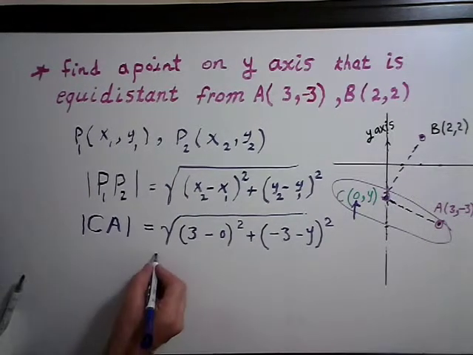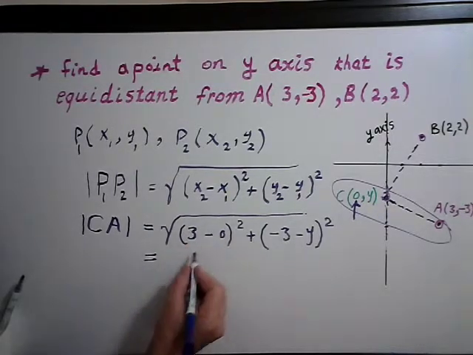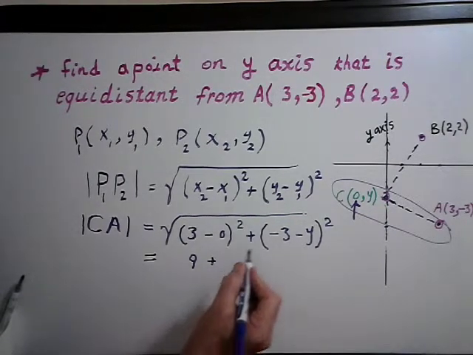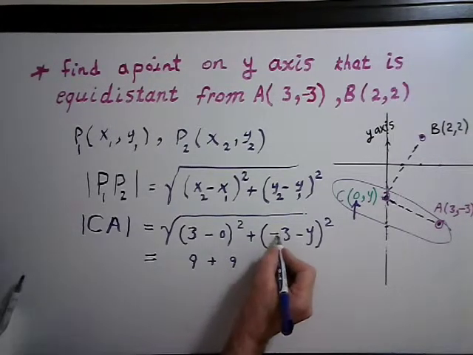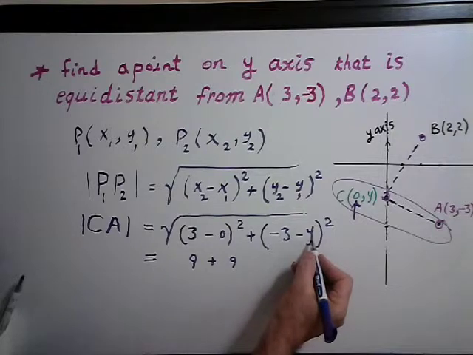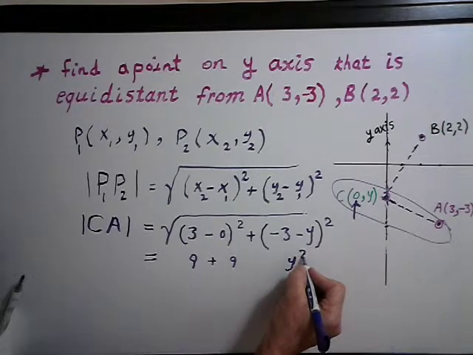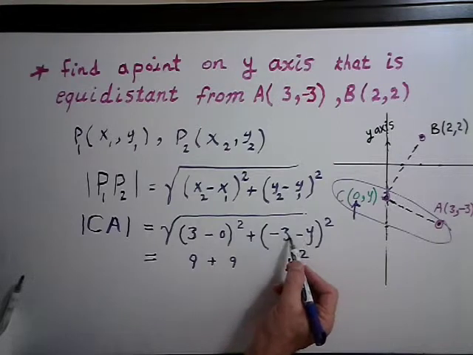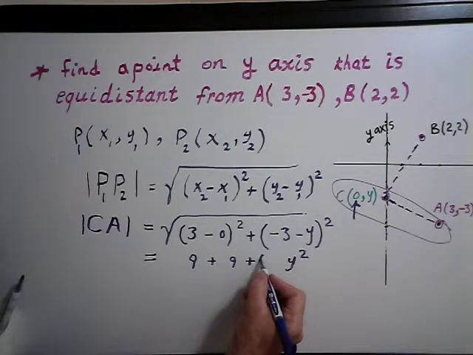And this will be simplified. It will be here 3 squared, that means 9. And here negative 3 squared will be 9 also. And negative y squared will be y squared. And negative 3 times negative y, that means positive 3y, times 2, that means 6y.